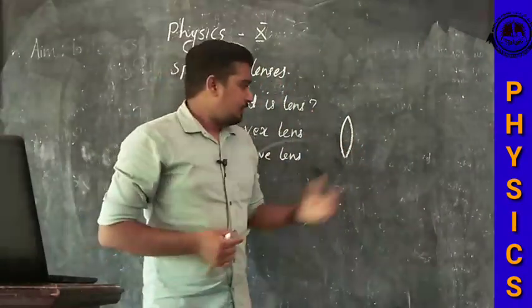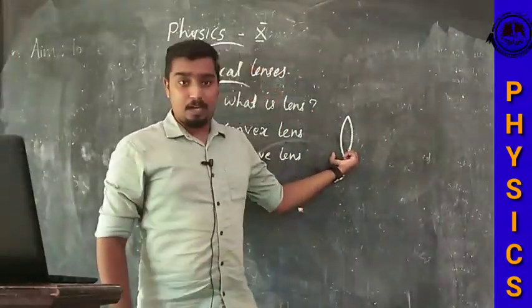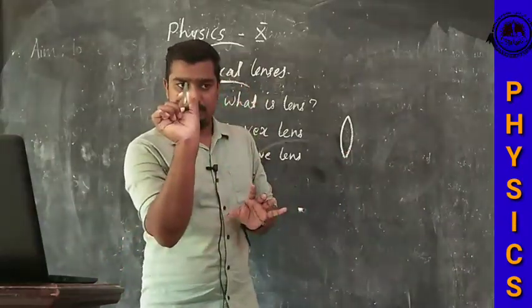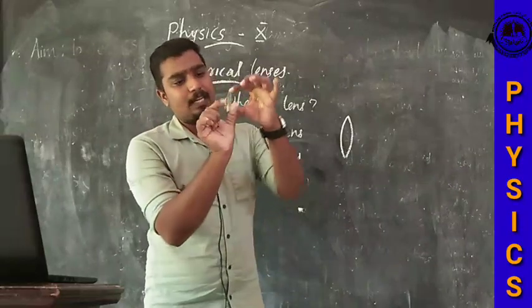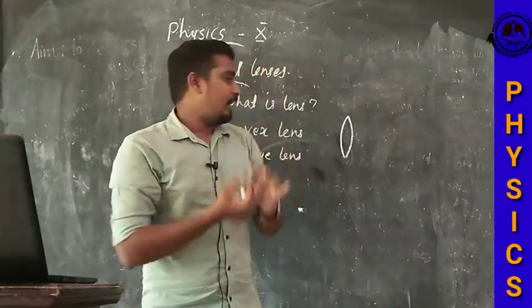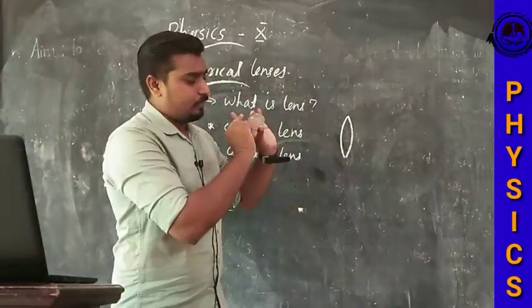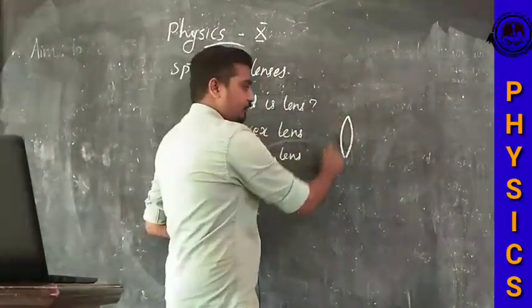The center part of this convex lens is the thick part. The center of this convex lens is very thick.